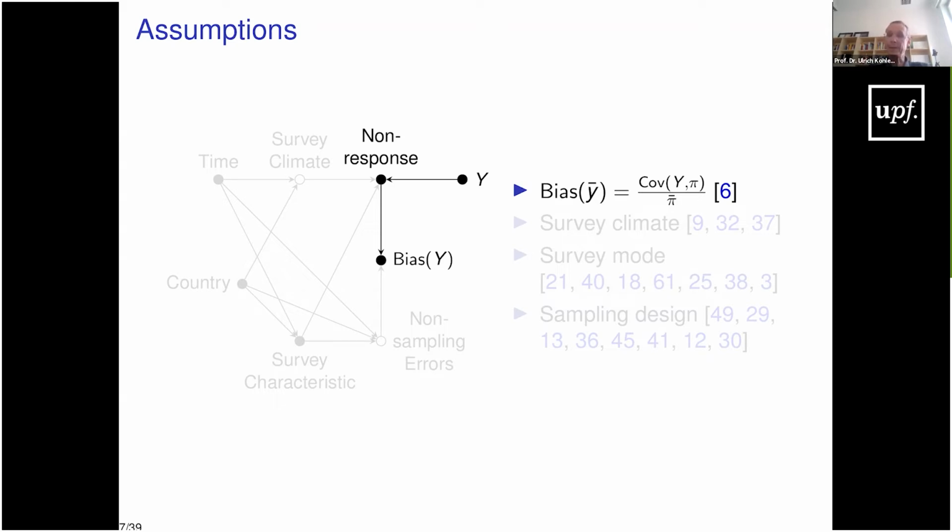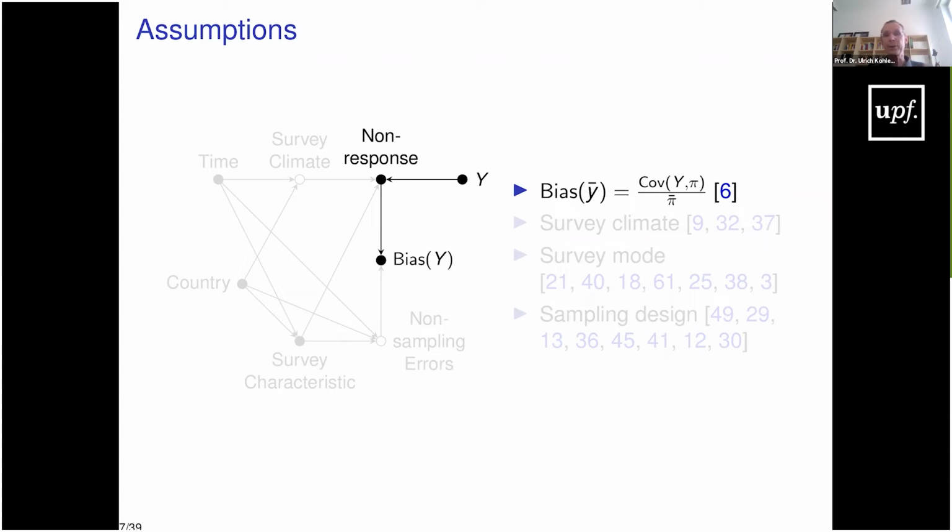So these two features, the covariance, the relationship of some variable of interest with the probability to participate in a survey, and the mean response probability itself, they both together create the unit non-response bias using a nonlinear function.